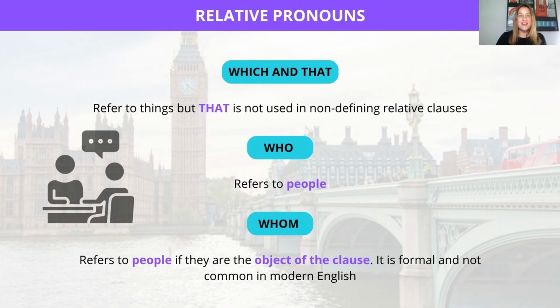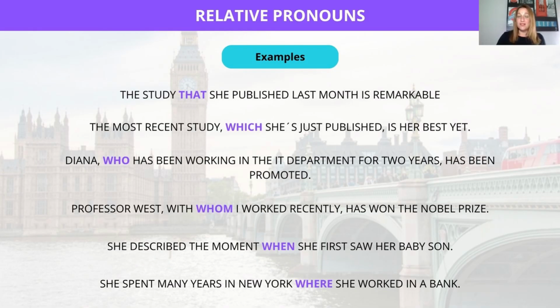It is formal and not common in modern English. So Professor West, with whom I worked recently, has won the Nobel Prize. So this is the question for you. Which is the main sentence? Your turn. Yes, the main sentence is: Professor West has won the Nobel Prize. So this is the full message.